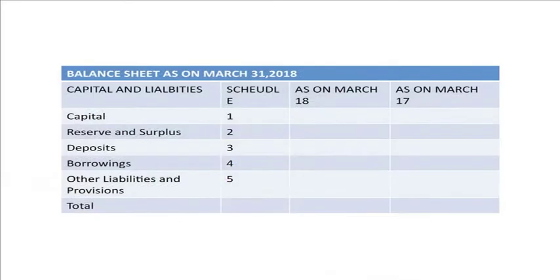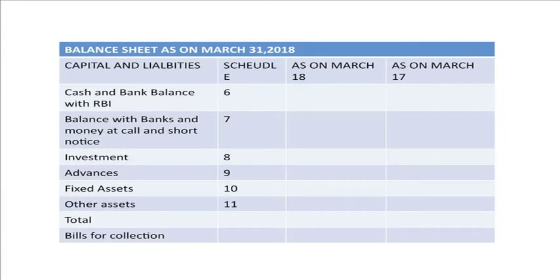First of all, let us have an overview and a revision of the schedules of the balance sheet. The first one is for capital, assigned the number 1. Then schedule number 2 is reserves and surplus, schedule number 3 deposits, schedule number 4 borrowings, schedule number 5 other liabilities and provisions. It makes an aggregate of total capital and liability side of the balance sheet, that is schedule 1 to 5.